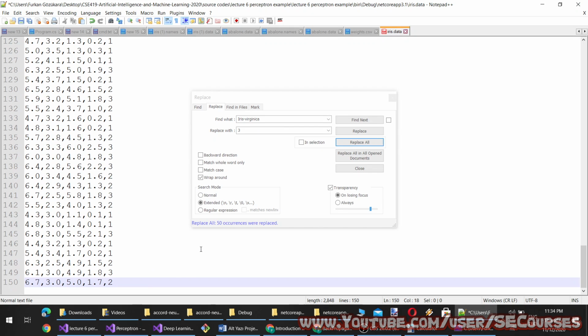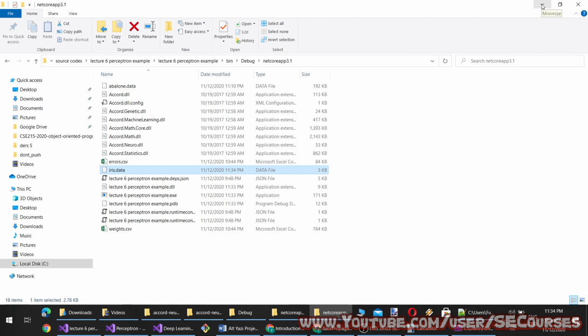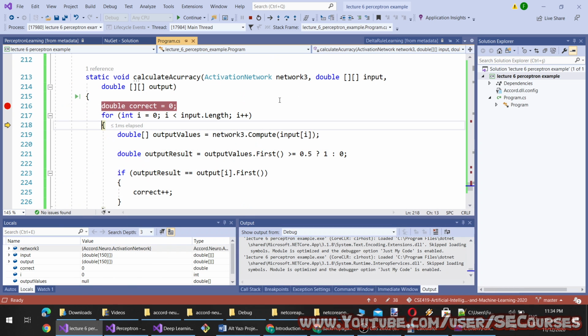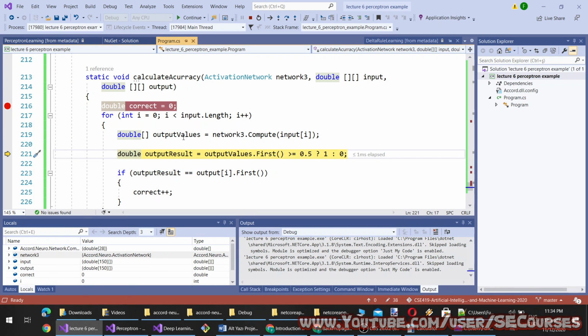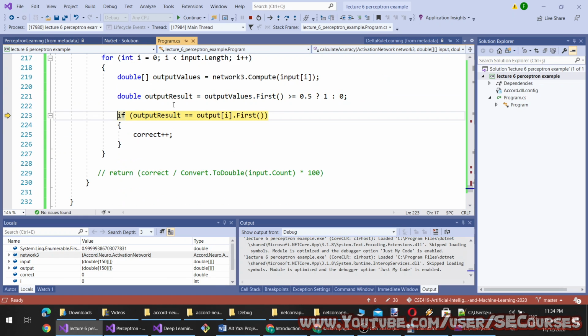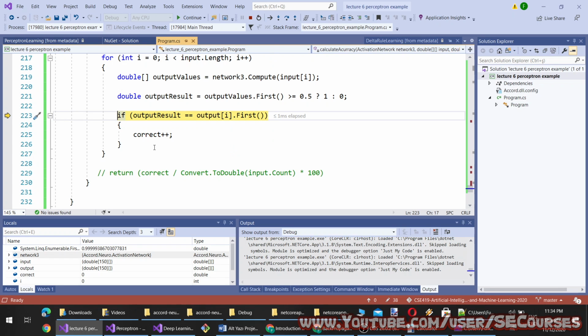Okay, let's remove this as well. And from here we have, okay, and output result is 1 if I first, 0 first is 0 and this is 1.